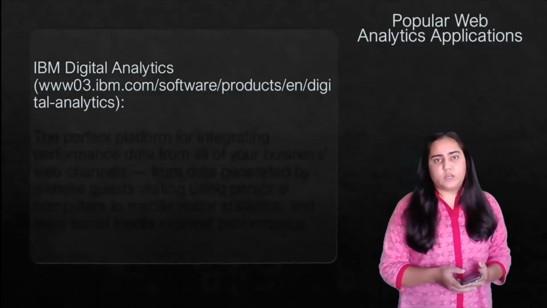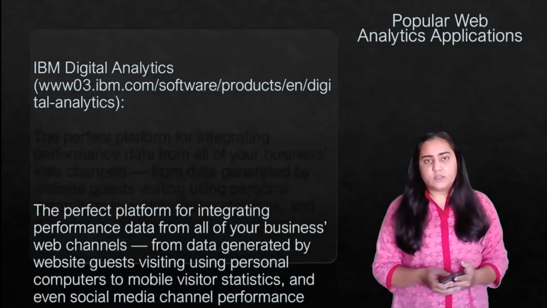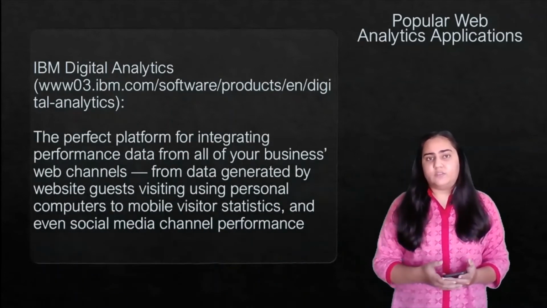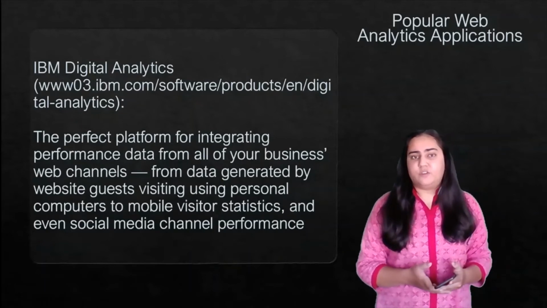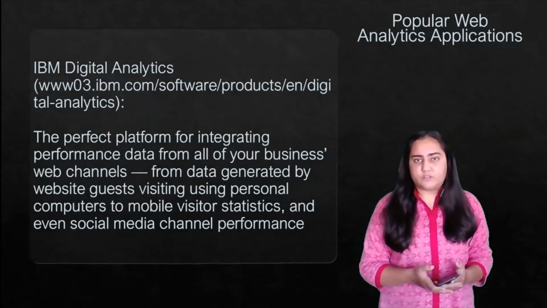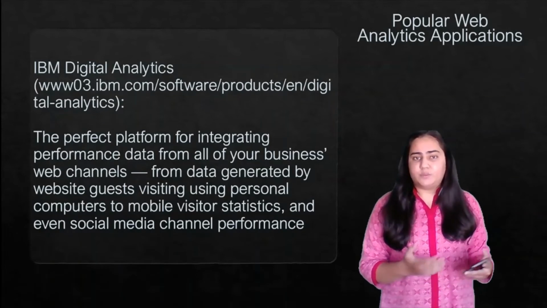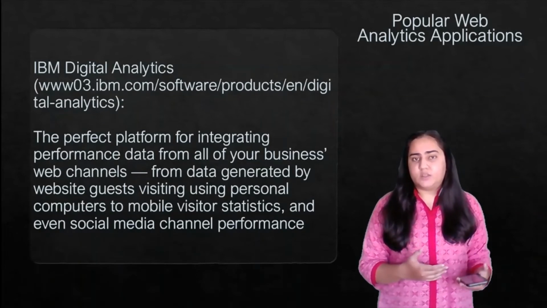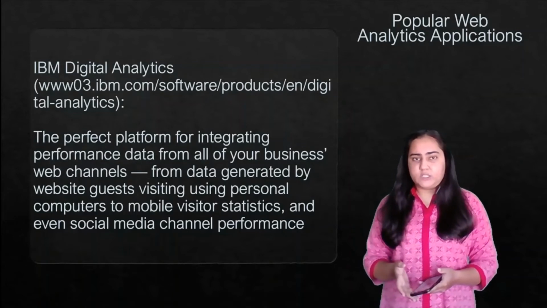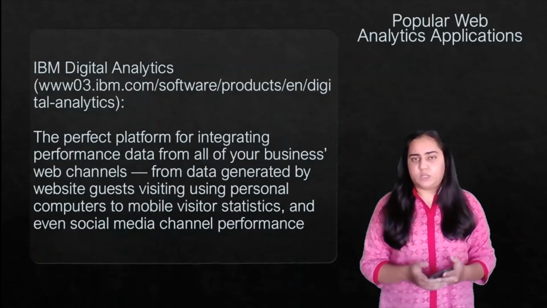The next tool is IBM Digital Analytics, which is available on the link given above. It is a perfect platform for integrating performance data from all your business's web channels, from data generated by website guests visiting using personal computers to mobile visitor statistics and even social media channel performance.